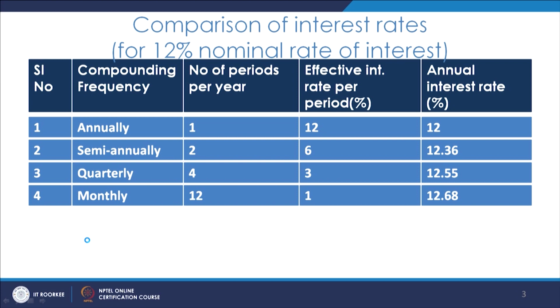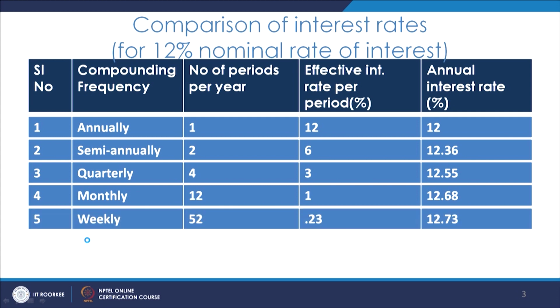Then go to monthly. On a monthly basis, your number of periods per year becomes 12. Effective interest rate for 1 month will be 12 by 12, that is 1, and in that case your annual effective interest rate will be 12.68%. If you compute further weekly, then you have 52 times compounding.